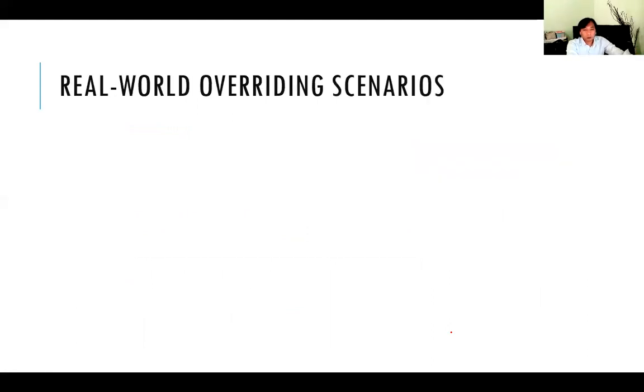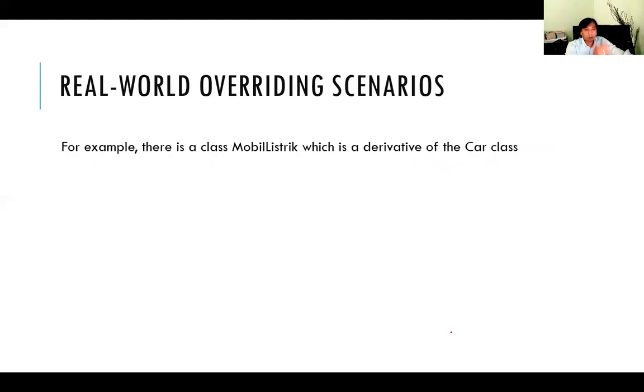So for a real world overriding scenario, let's say there is an electric car which is derived from a car or a common car. So let's say the basic concept of a conventional car, we have an adding speed or increasing speed method.